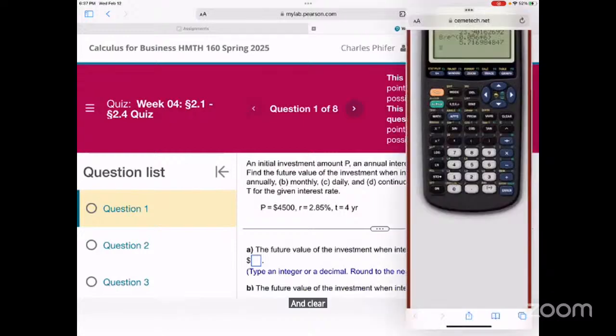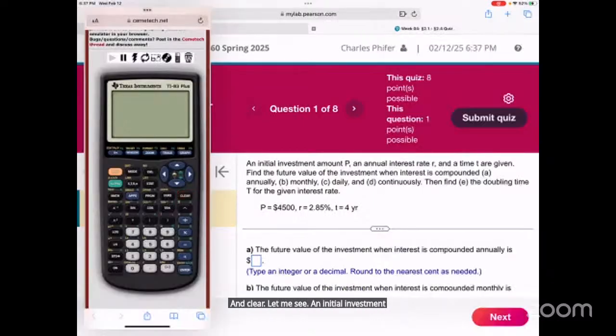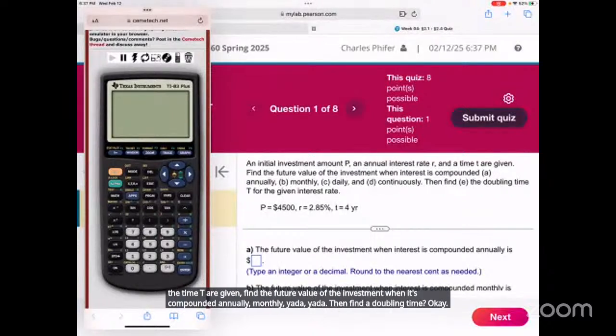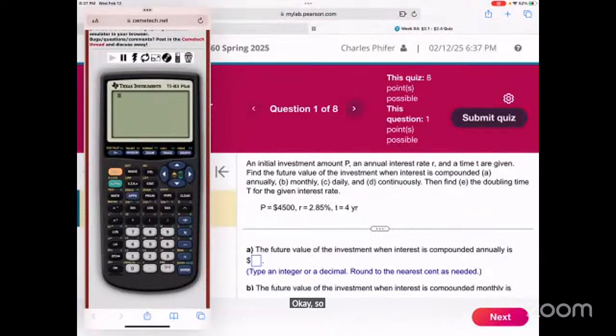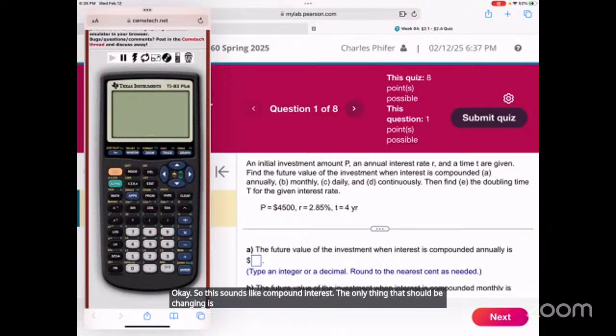Let me see. An initial investment P at an annual interest rate and time T are given. Find the future value of the investment when it's compounded annually, monthly, and so on. Then find the doubling time. Okay. So this sounds like compound interest. The only thing that should be changing is our N. So we're trying to solve for the future value, and we can actually create a formula.